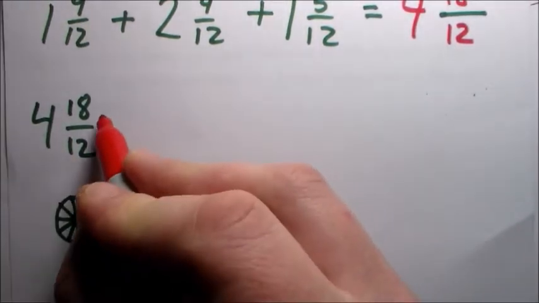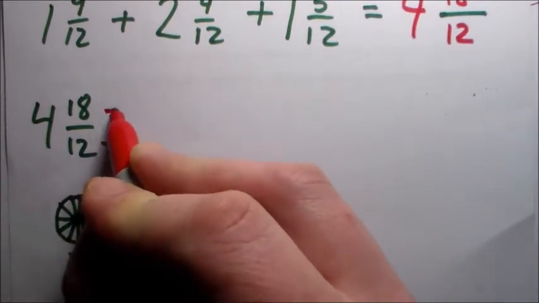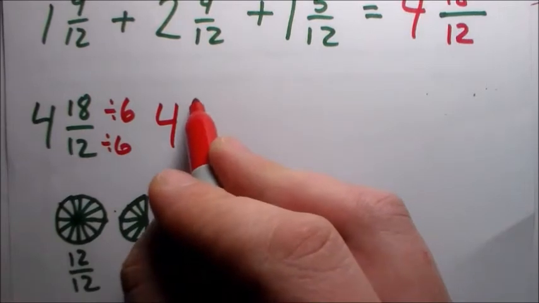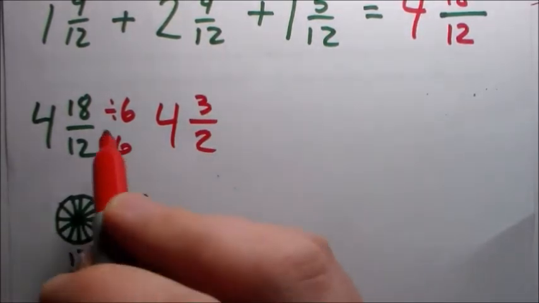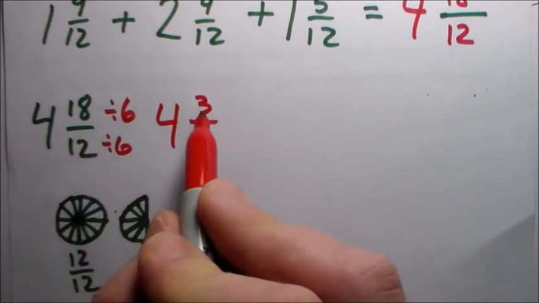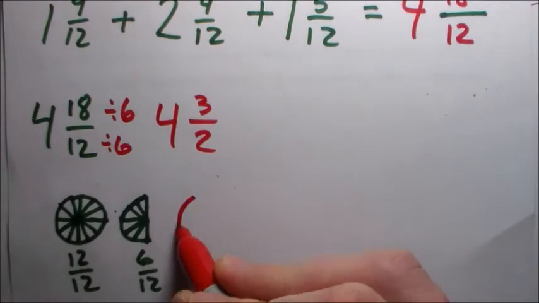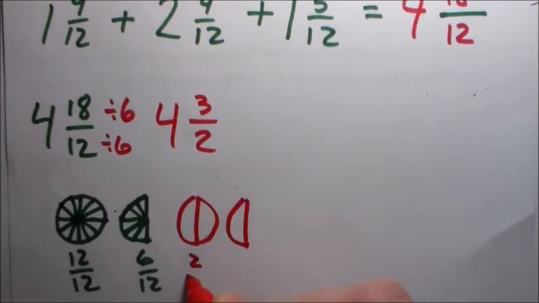Another way to think of this is if we divide the numerator and the denominator both by 6, we'd have 4 3/2, right? Because 18 divided by 6 is 3, and 12 divided by 6 is 2. Here we have 2 halves, and here we have 1 half.